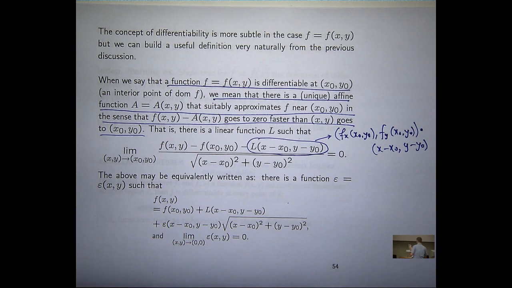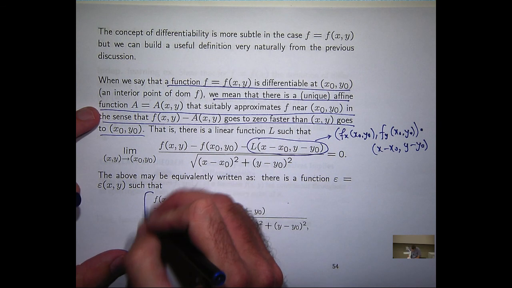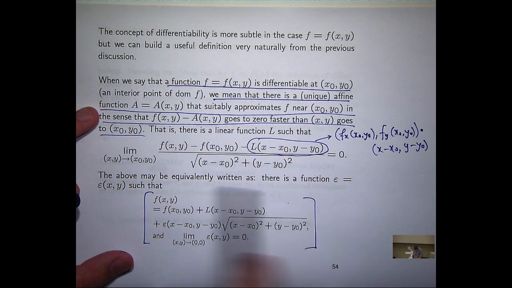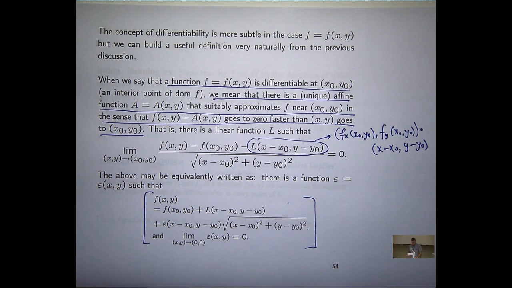So again, it's multiplication, but in this case, it turns out to be a special kind of dot product. And again, from a practical point of view, this is actually what you use if you ever wanted to prove something using differentiability. Say you wanted to prove the chain rule. And we'll do that if we have time in this lecture.